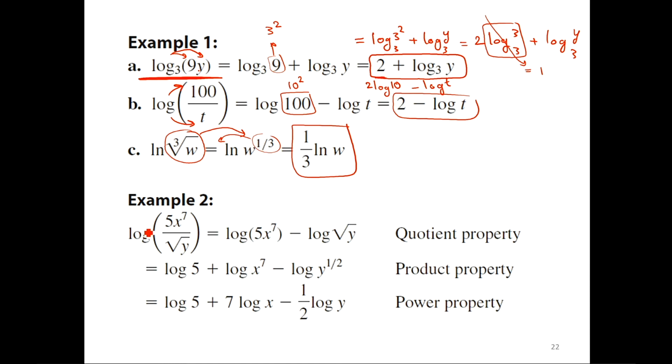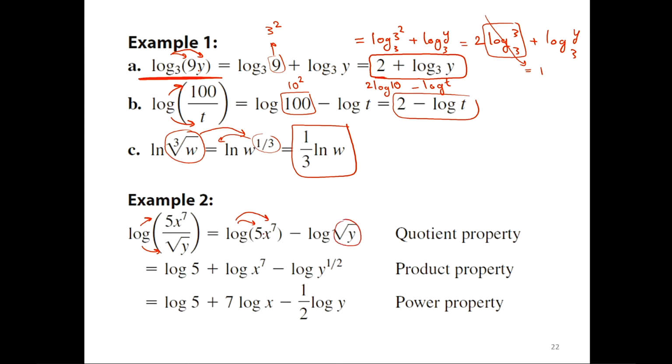Look at this also. We can distribute the numerator and denominator. So we have log of 5x to the power 7 minus log of radical y, and we distribute: log 5 plus log x to the power 7, because this is a product.